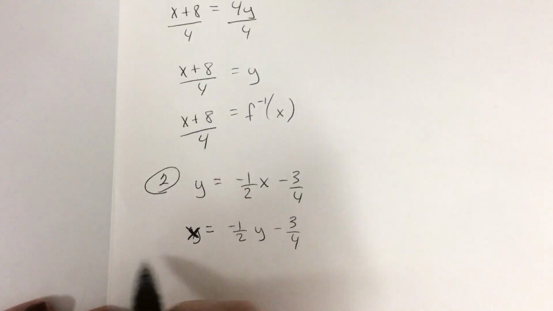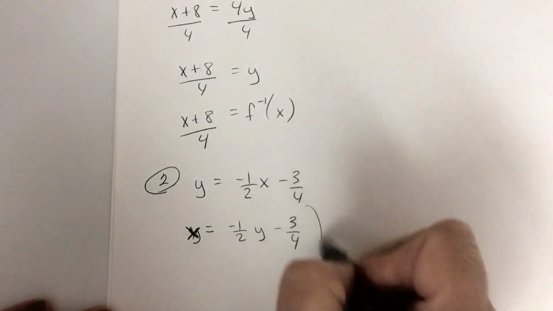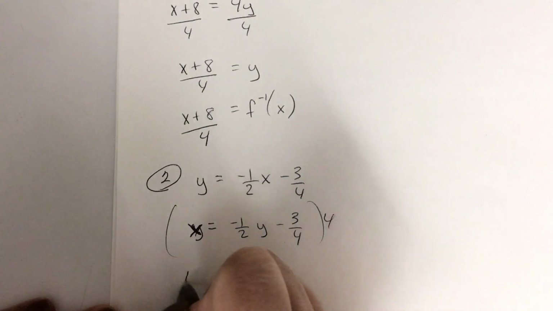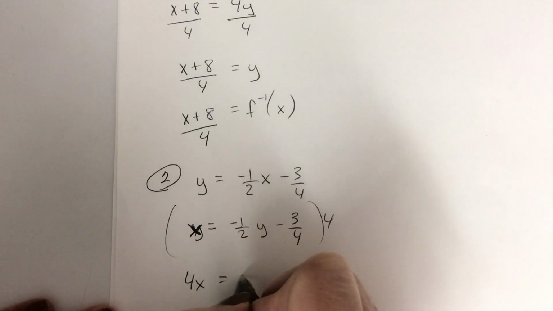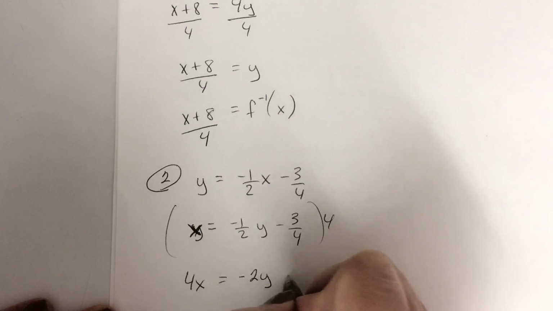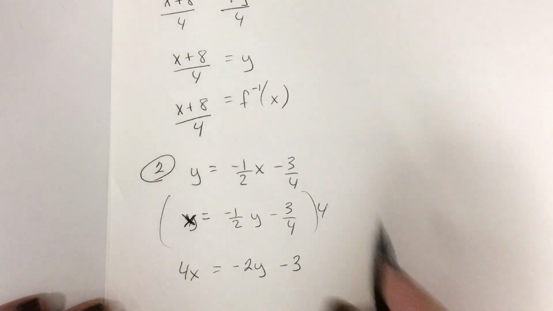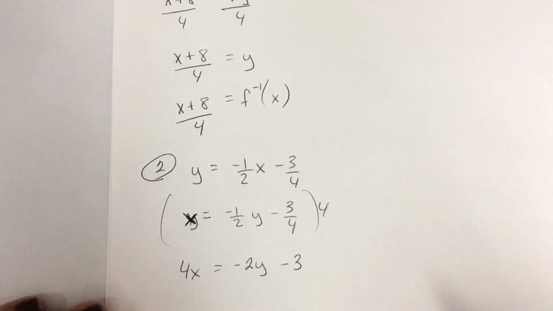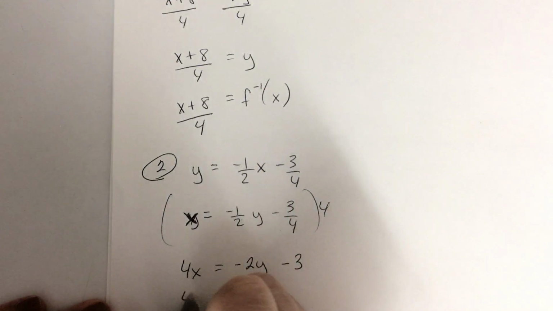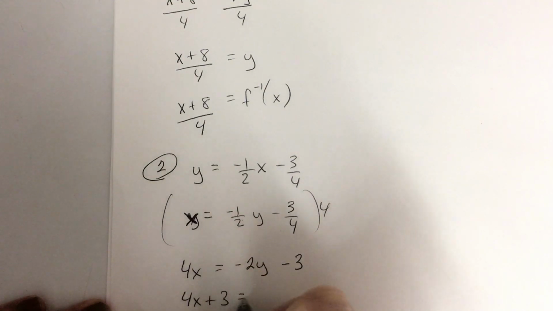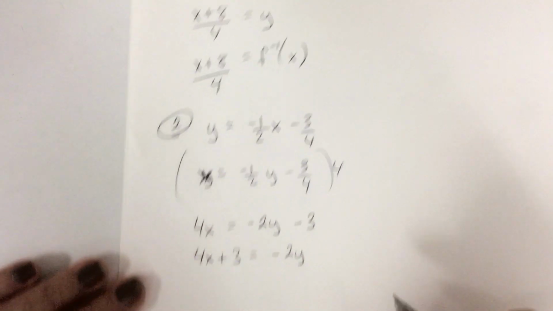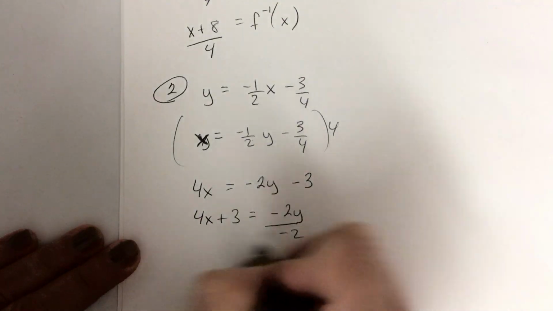I would like to clear my fraction, so I'm going to multiply everything by 4. So that's going to give me 4x and negative 2y minus 3. So I multiplied everything by 4. And now I'm going to add 3. So 4x plus 3 is equal to negative 2y. And then I'm going to divide everything by negative 2.